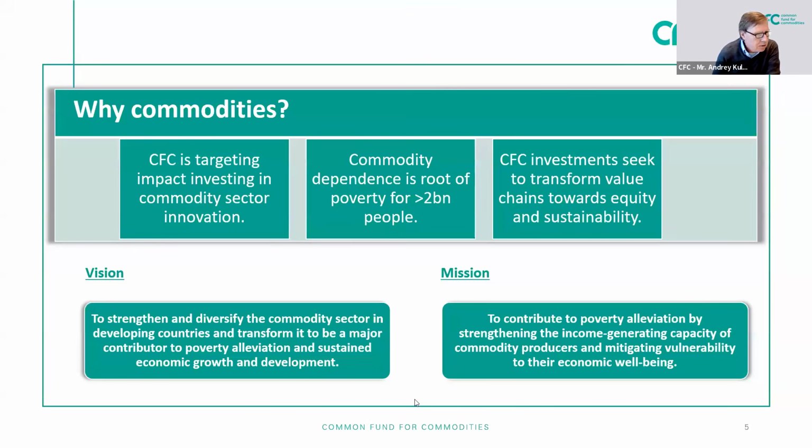And the mission of the CFC is to contribute to this cause by strengthening the income generating capacity of the commodity sector, particularly at the grassroots, particularly in the countries that depend on commodities, particularly for the people and communities who depend mostly on commodities for their income and prosperity.